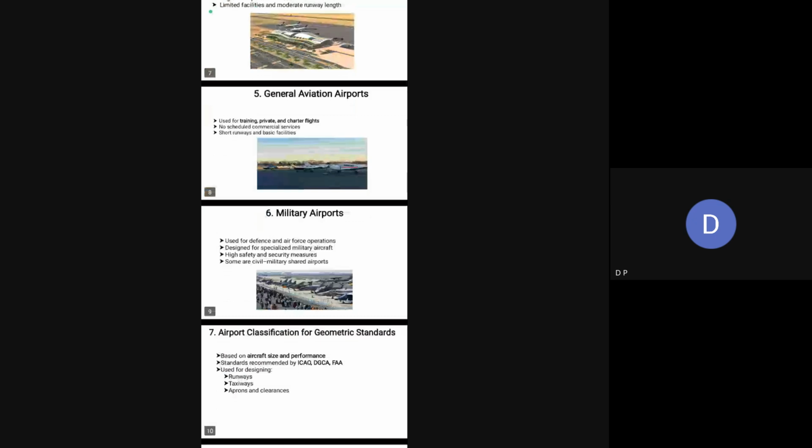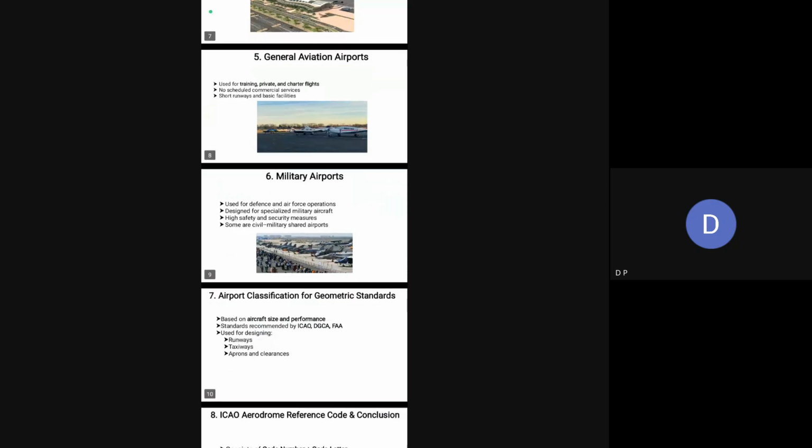Airport classification for geometric standards is based on aircraft size and performance.